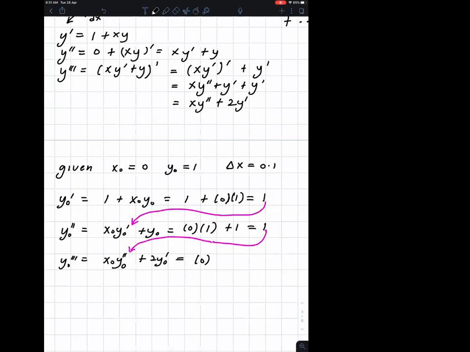It doesn't matter what you get for y double prime, it is 1. Y naught triple prime is 1 plus 2. Y naught prime was evaluated earlier as 1. So it's 2. So that's how you evaluate. You evaluate all these things and then you plug that into the Taylor series expansion formula.